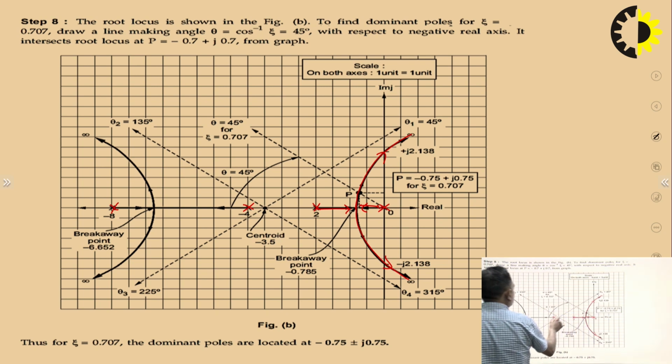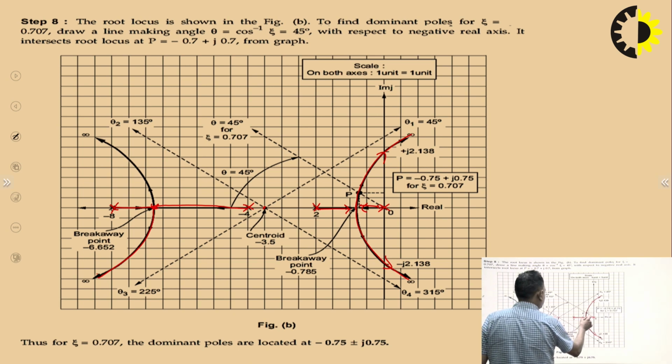Another root will start from here and terminate like this, because this branch is approaching from here to here. One breakaway point is here, another breakaway point is here, and after this these branches will be parallel to the asymptotes.